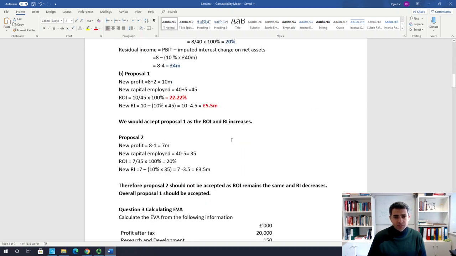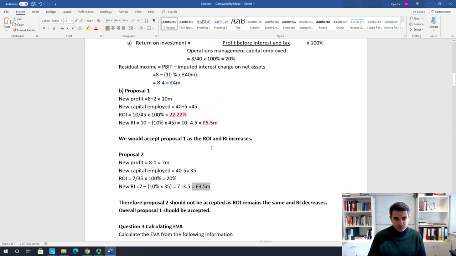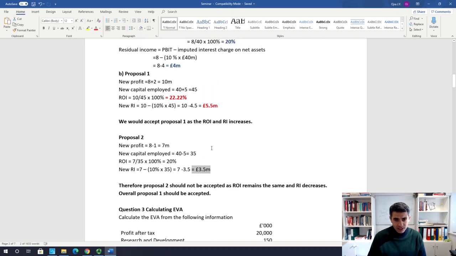So if you look at proposal 2, you can see that based on ROI, the percentage is 20%, and the RI is 3.5 million.